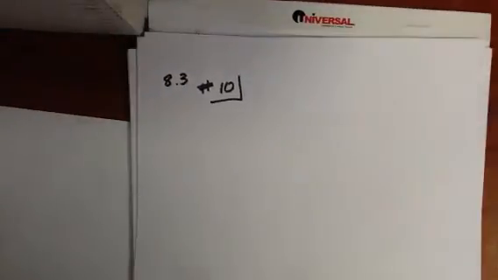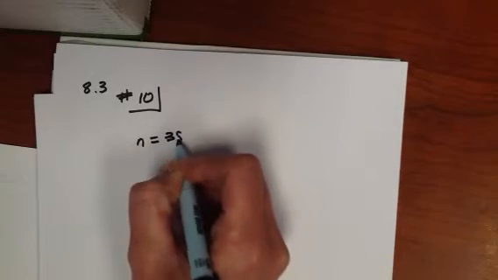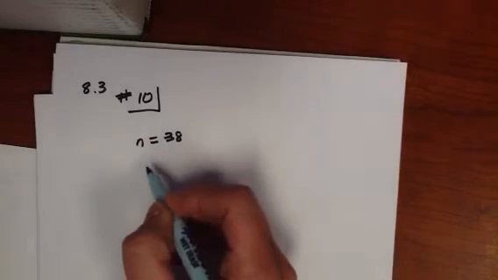Okay, let's look at this problem. Let's write down the information that we have. It tells us a random sample of 38, so we know that n equals 38, and 21 of them eventually graduated.